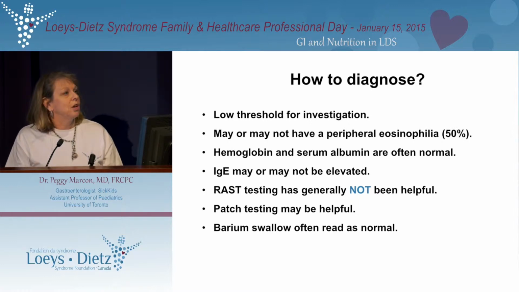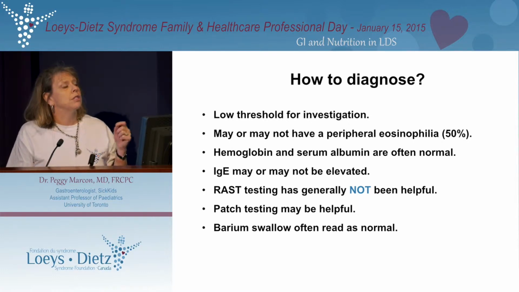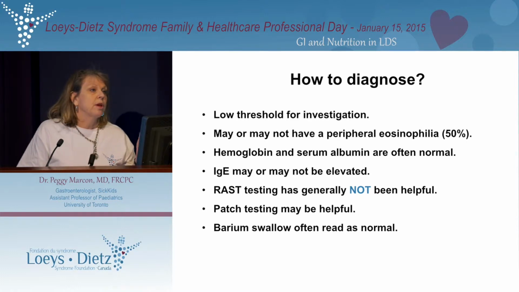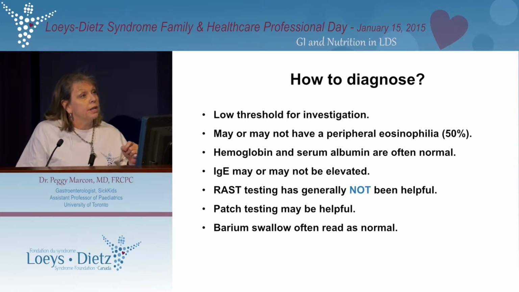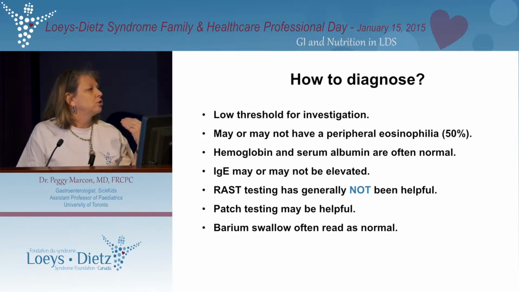Looking at RAST testing, which is the blood test to look at which foods you're allergic to, is not necessarily very helpful. And at least in Ontario, it is not covered by OHIP, so you need to pay for it. And the problem is that not all the foods that people remove from the diet in eosinophilic esophagitis are ones you're going to react to with hives, or show positive on skin testing or patch testing.